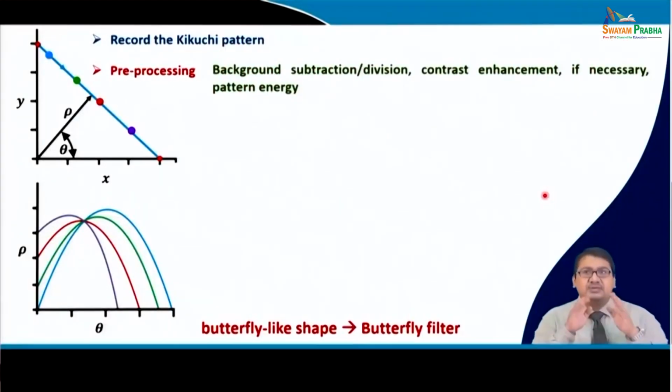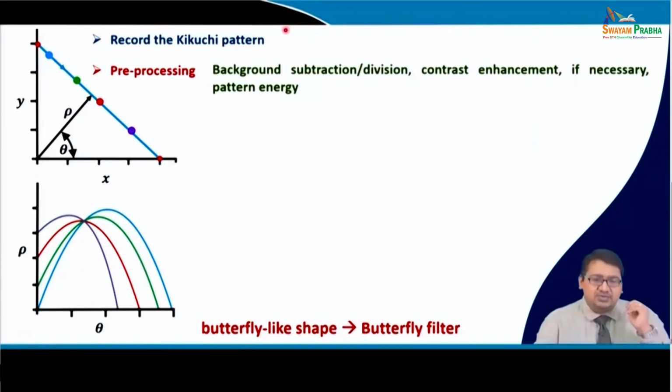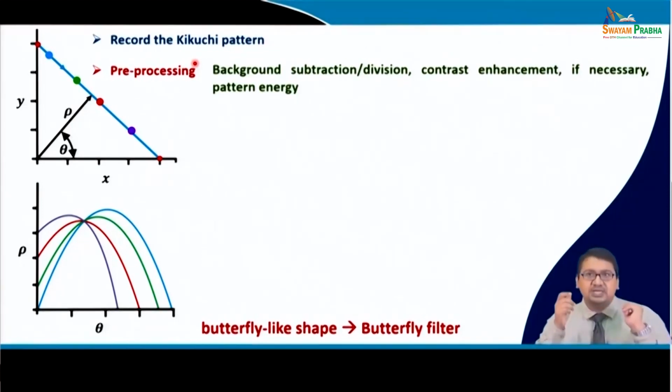So, if you look, we initially have to record the Kikuchi pattern, and after recording the Kikuchi pattern, there has to be a little bit of pre-processing. You will see that when you take a sample and do an EBSD measurement in a scanning electron microscope, you have to do a background subtraction or division, and the name may vary depending upon the company's microscope and the EBSD system.